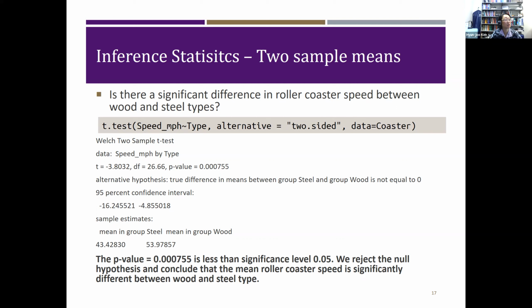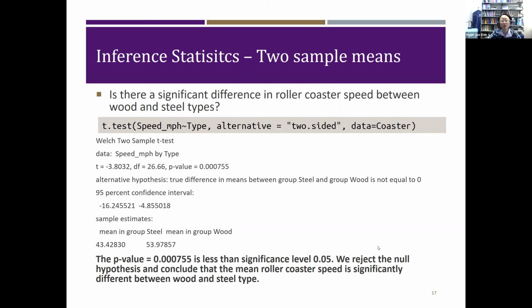And here we're doing the two-sided test, so it's statistically significantly different and not likely from random variation. Inside of the t.test command, we specify the y variable as speed and the x variable as type. Notice that we use a tilde here between those two variables.